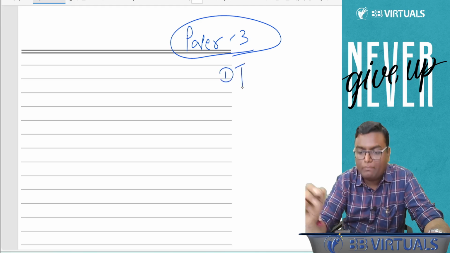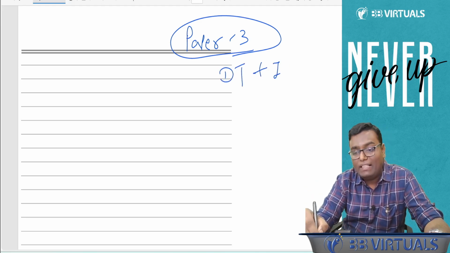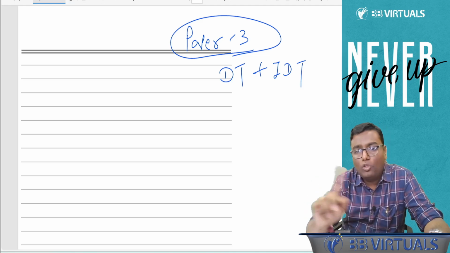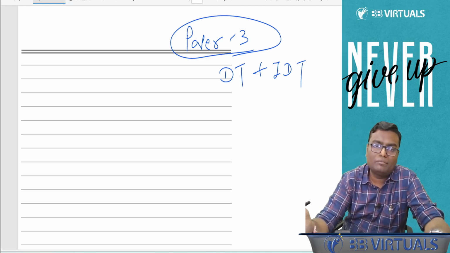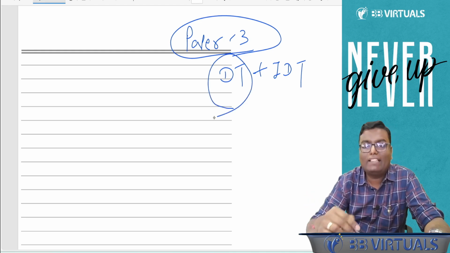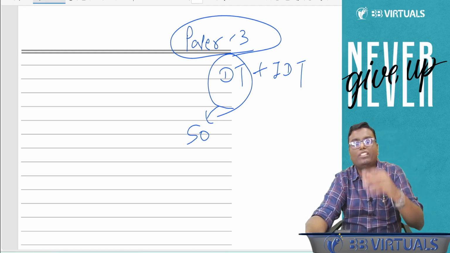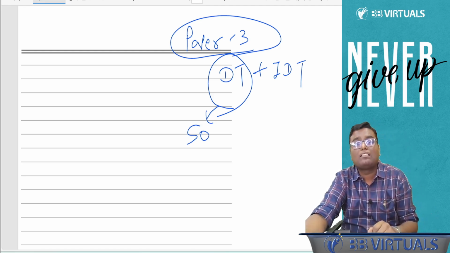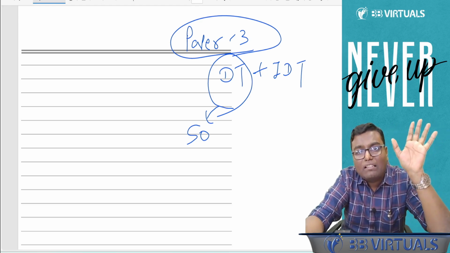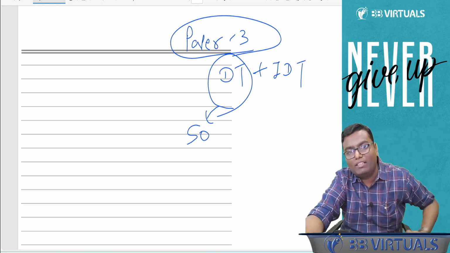Your direct tax plus indirect tax. And both the subjects carry 50-50 marks. We are going to study direct tax that contains 50 marks, but please don't judge this subject by looking at 50 marks. It is exactly not 50 marks. It is of 200 marks if you see from the CA final perspective.